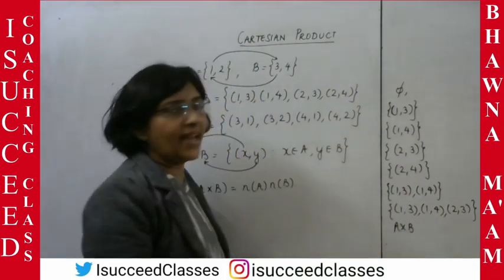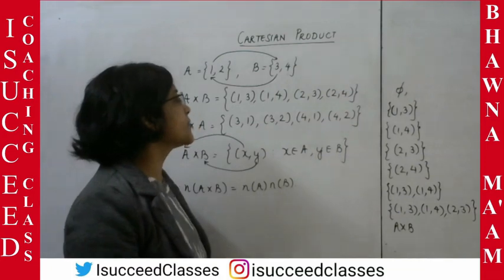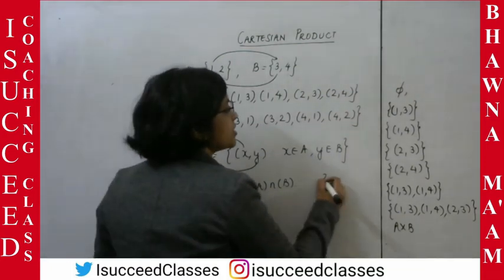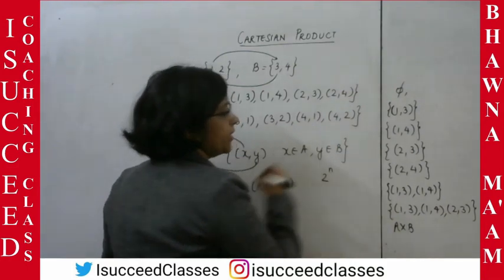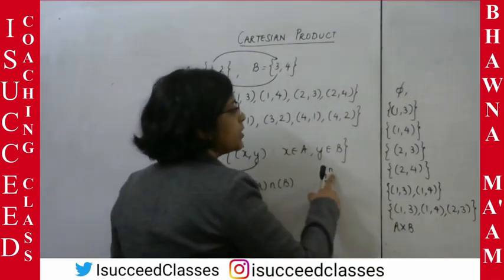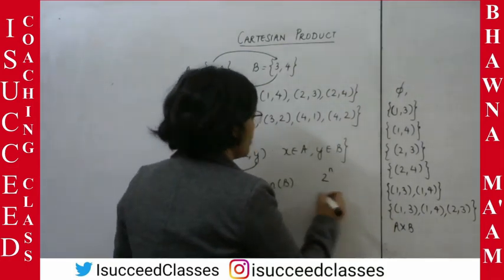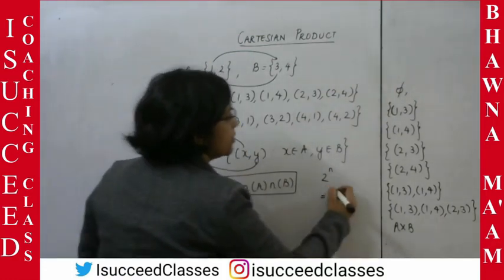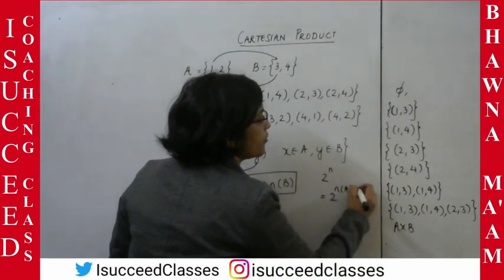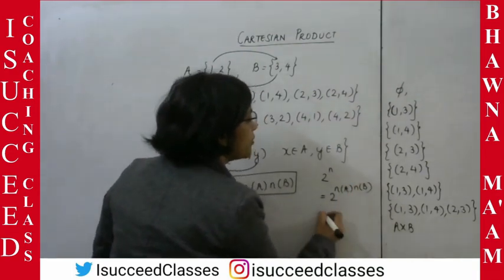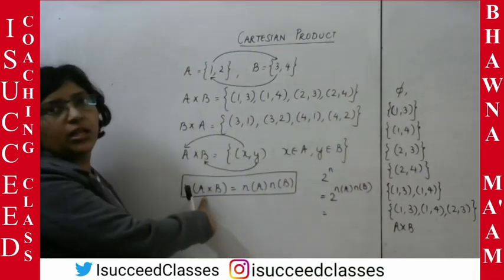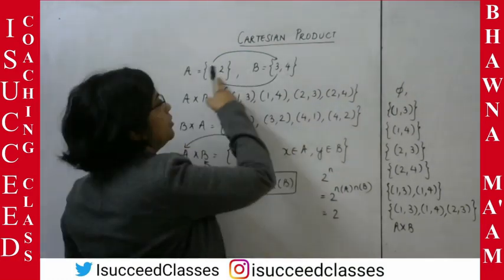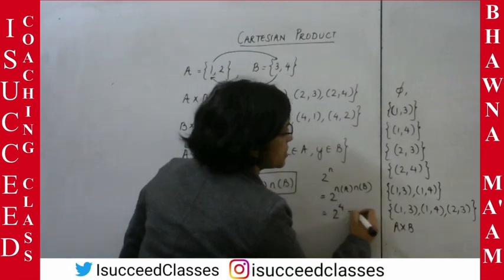So if we look at how many subsets are possible, we know the formula for finding the number of subsets is 2 raised to n. Here n means the number of elements in A cross B, so it would be n(A) times n(B). Looking at this particular example, the number of subsets would be 2 raised to 2 times 2, that is 16 subsets.